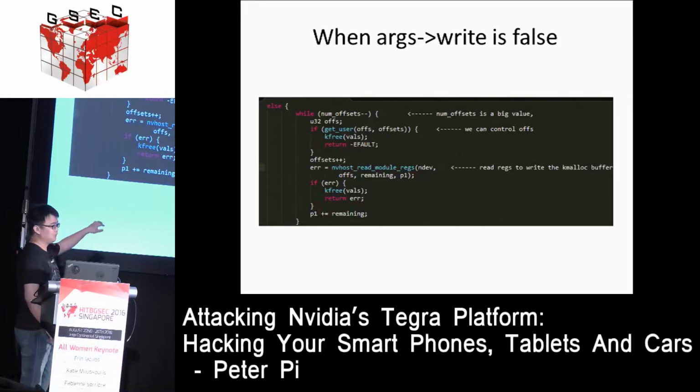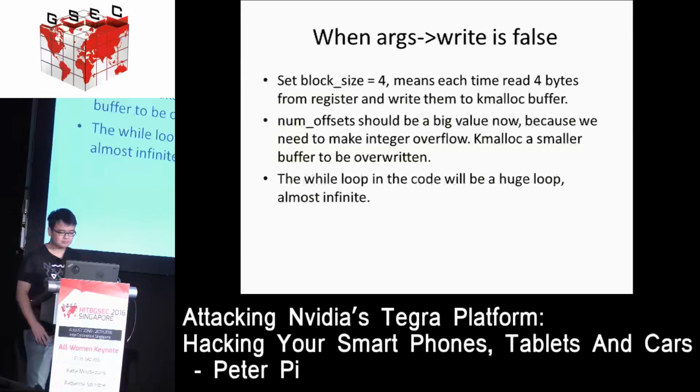So in this branch, we have a chance to overwrite the kmalloc buffer. So we can set the block size to 4, which means each time we read 4 bytes from the register and write them to the kmalloc buffer.